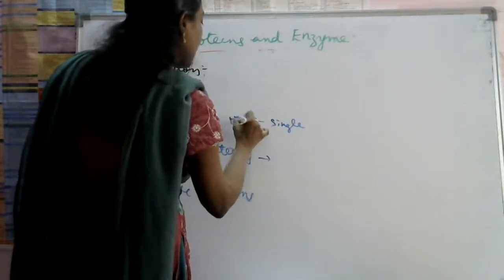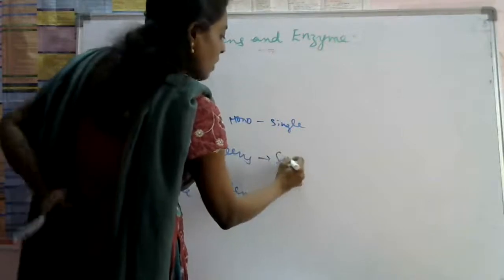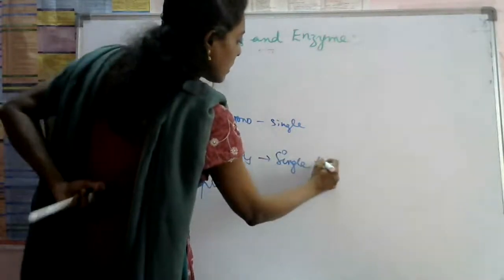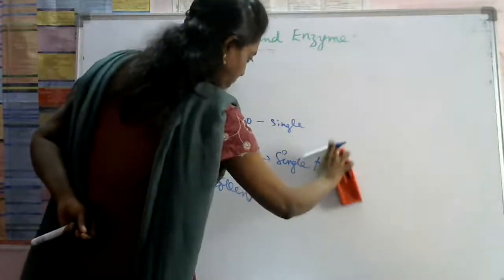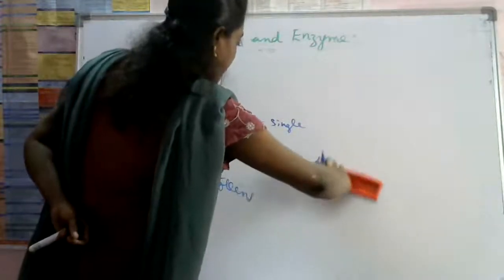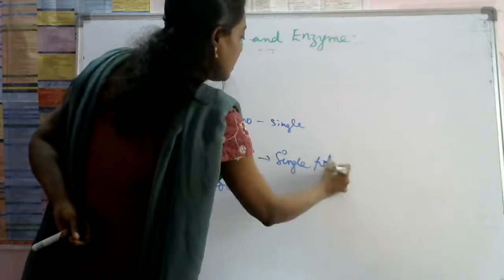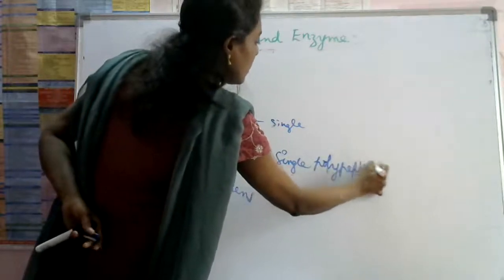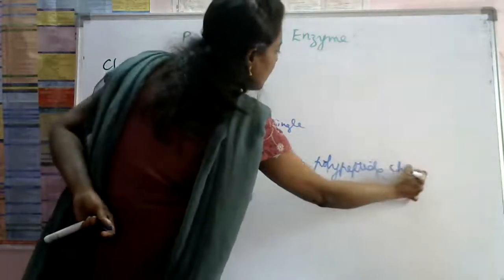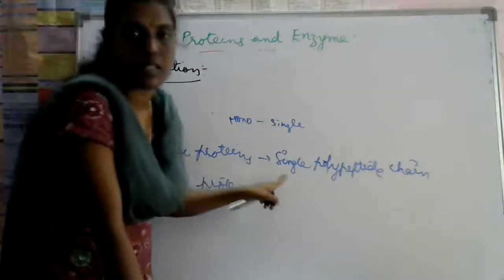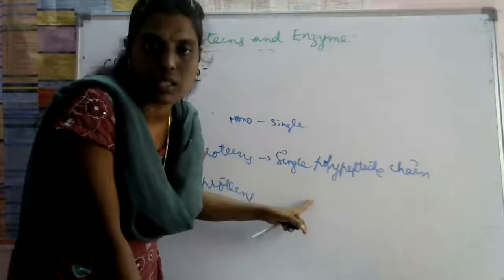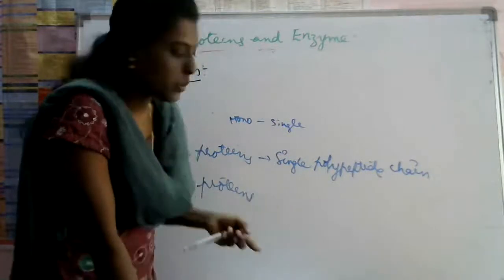So here a single polypeptide chain will be there. If a single polypeptide chain is present, then it is called a monomeric protein.